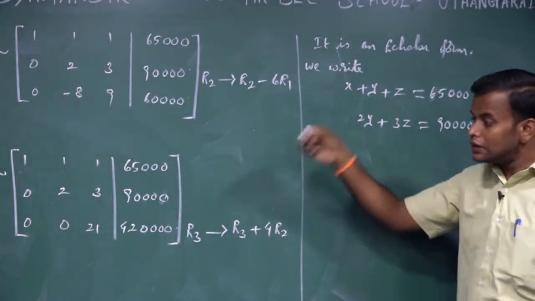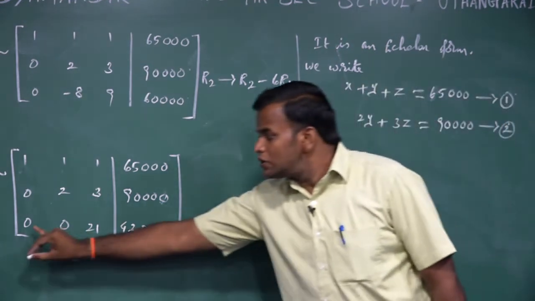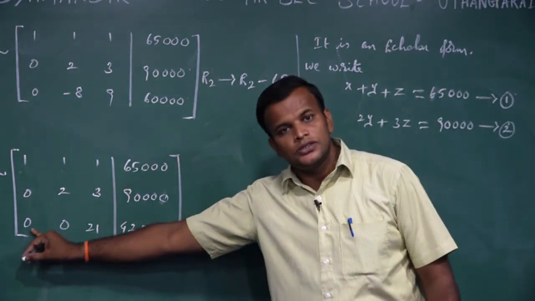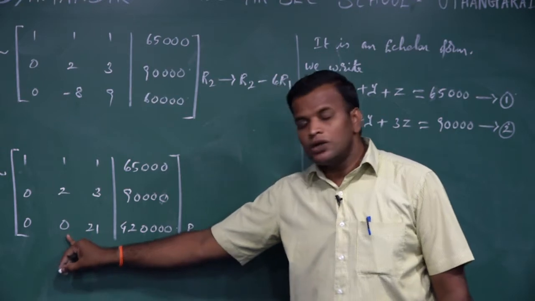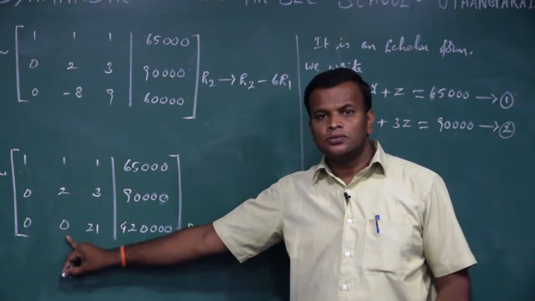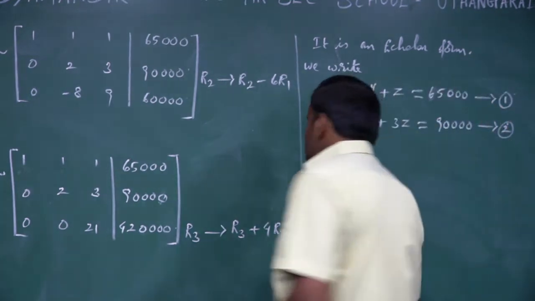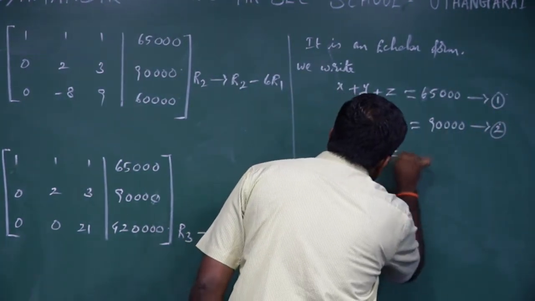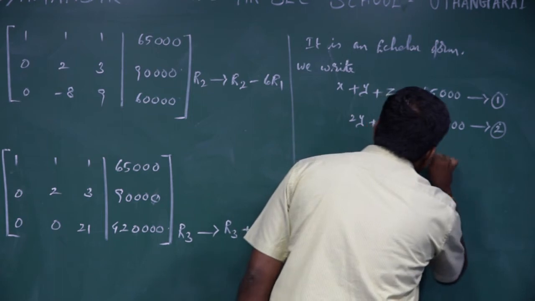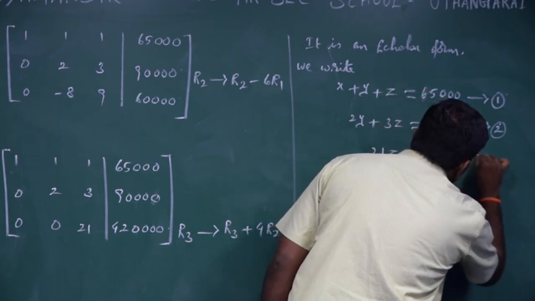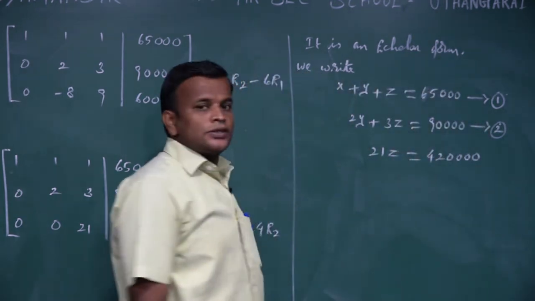Now you see the third one. First one is the coefficient of x. 0 into x is 0. Second one, the coefficient of y, is also 0. Third one is the coefficient of z. So 21 into z is 21z. Is equal to the RHS, which is 4,20,000.